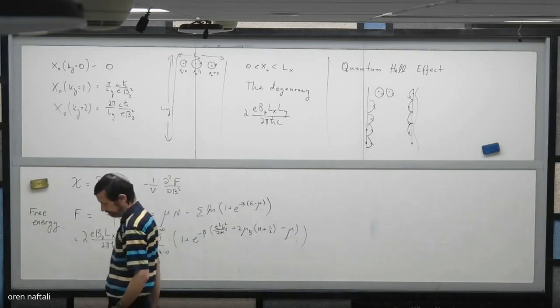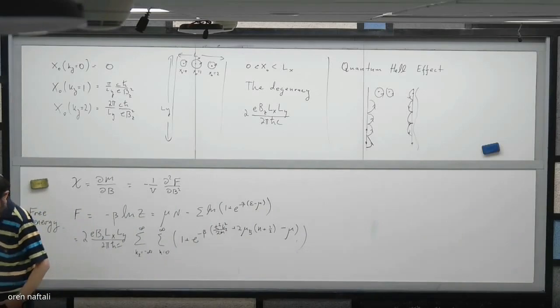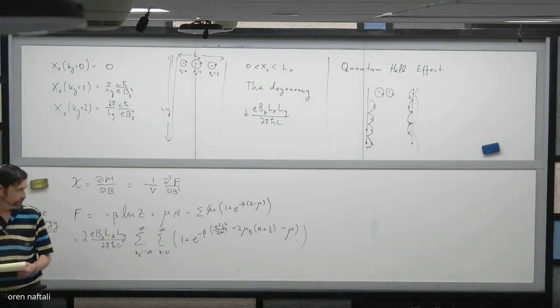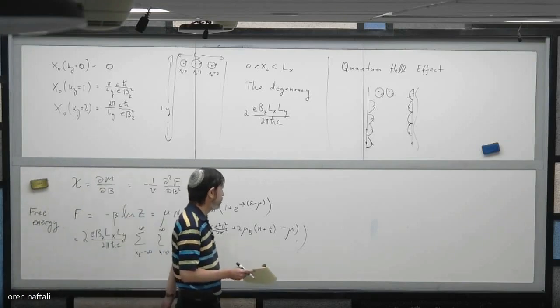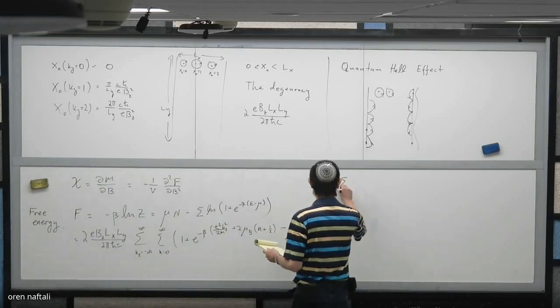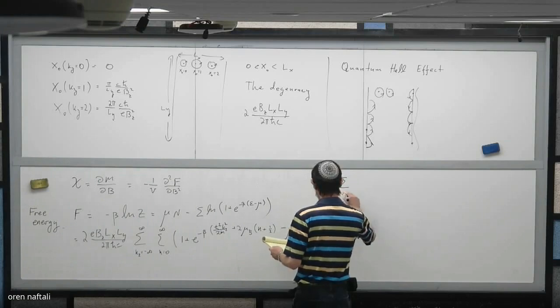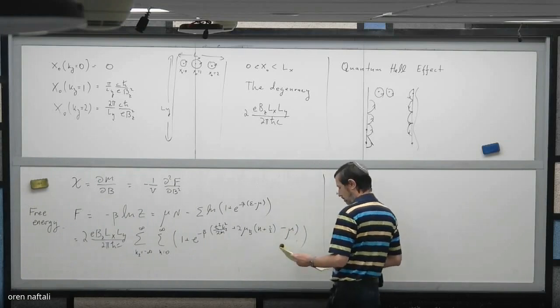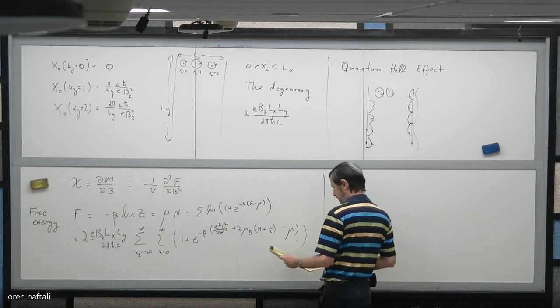Okay. So I have two summations here. Let's look into the summation on n equals 0.